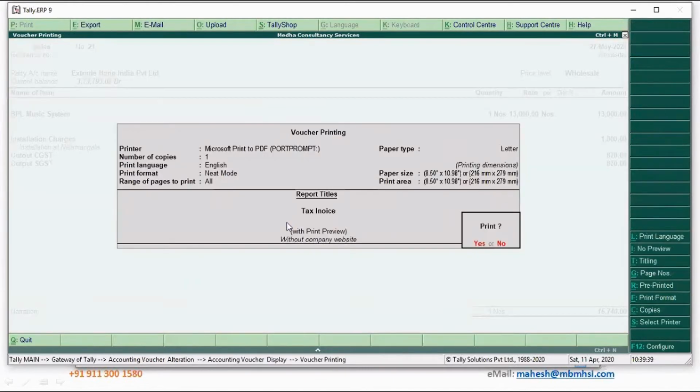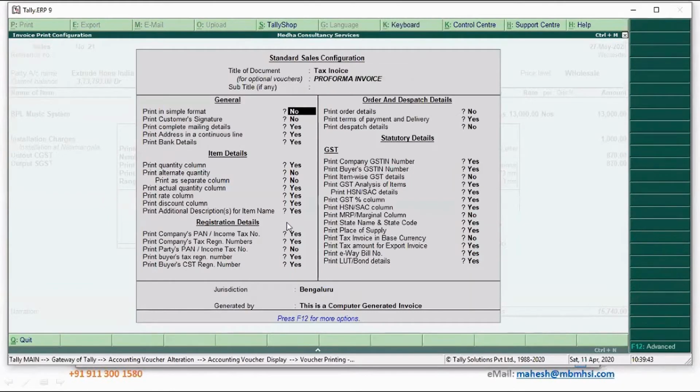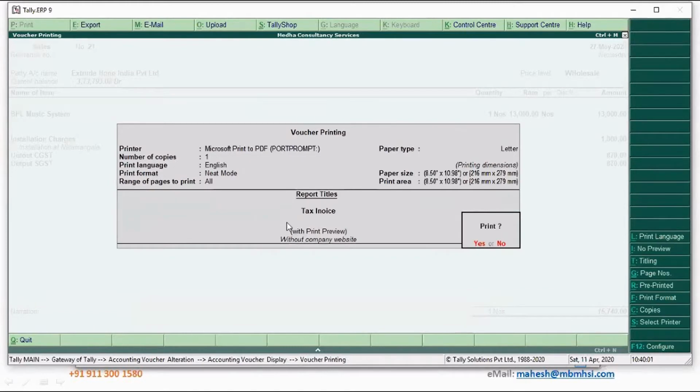No. F12. So I'm specifying which are all the fields that I need. Quantity required, alternate not required, print actual and billed quantity not required, rate is required, discount column not required. For example, if you don't need any discount column, just say no to all these things. Whichever other details you require, you could enable that.